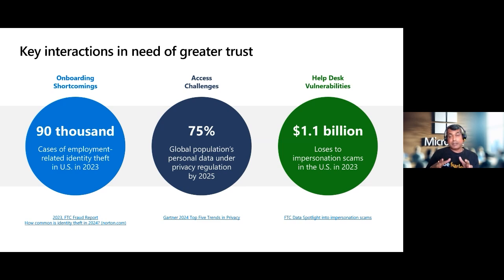Impersonation scams led to 1.1 billion in losses in the United States in 2023. Strengthening help desk protocols can significantly reduce these vulnerabilities. By addressing these areas, we can build a more secure and trustworthy environment for all our stakeholders, whether it be our own workforce or our partners, vendors, and suppliers, the guest users that have access to resources and roles within our organization.